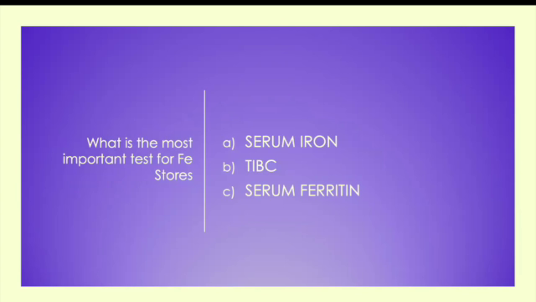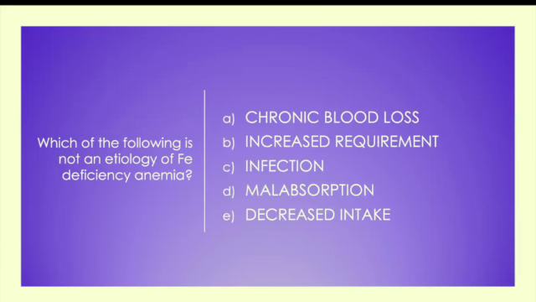What do you guys think? I would think it would be the TIBC. No, it's the serum ferritin, duh. That's the iron source. Which of the following is not an etiology of iron deficiency anemia? Which one do you guys think it is? Infection.